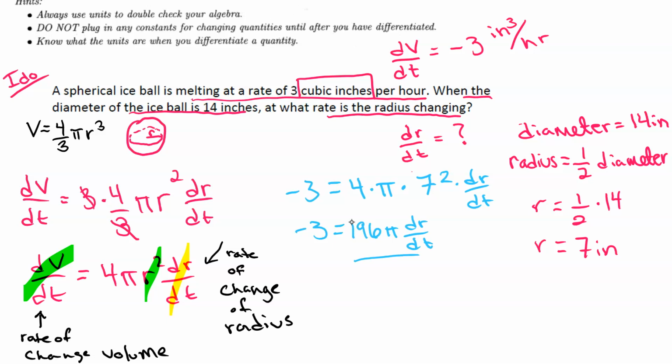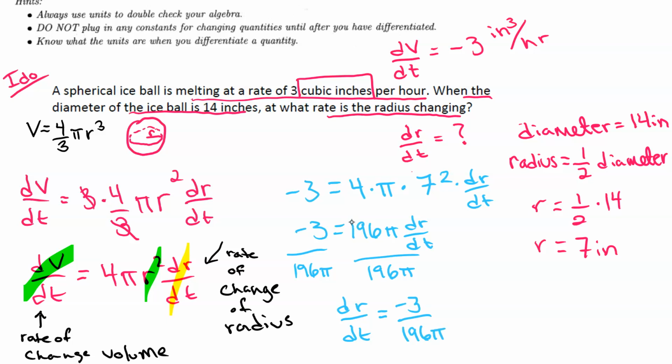If we divide both sides by that 196 pi, we'll have our rate of change in the radius. So we've got dr/dt equals -3 divided by 196 pi.